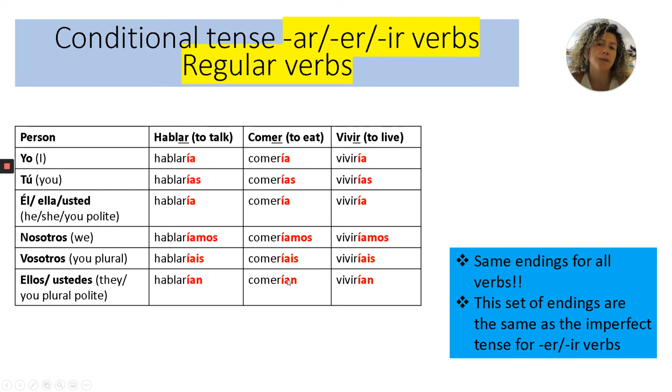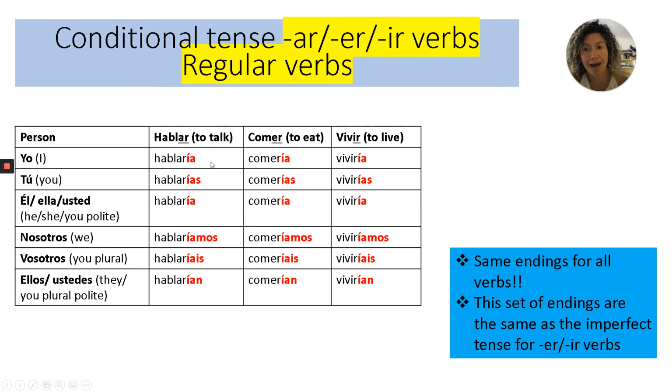What have you noticed that is different to the way we have always conjugated verbs in other tenses? Exactly right. I haven't removed the ending. I keep the whole infinitive and I add the ending.